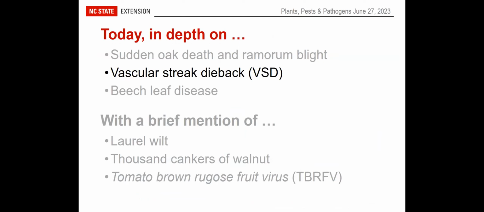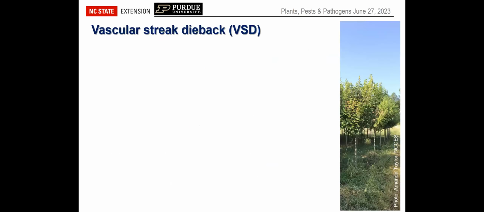Vascular streak dieback is our second invasive of the, I'm going to call it a disease for purposes of this talk, but I'll mention why I hesitate slightly. This was the nursery of the first confirmed sample of this problem, and back in 2019, the first confirmed case in North America was actually here in North Carolina.